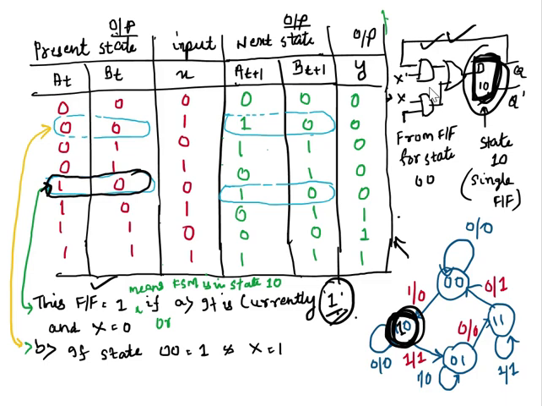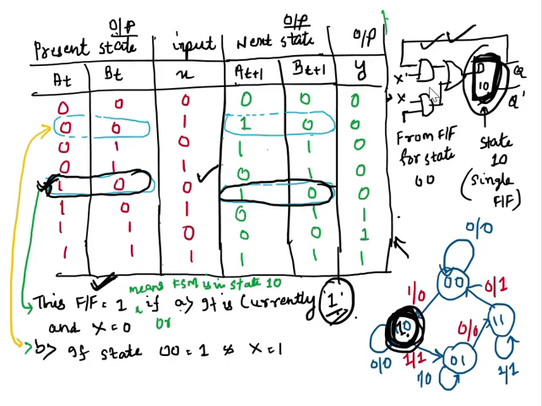What we have to find is when the FSM will be in 1 0, that is, when the next state will be 1 0. When you are in present state 1 0 and input 0 comes, it is written here.